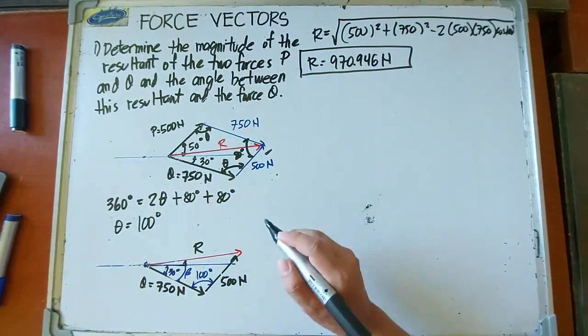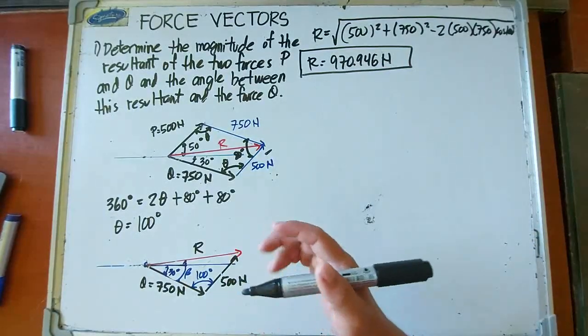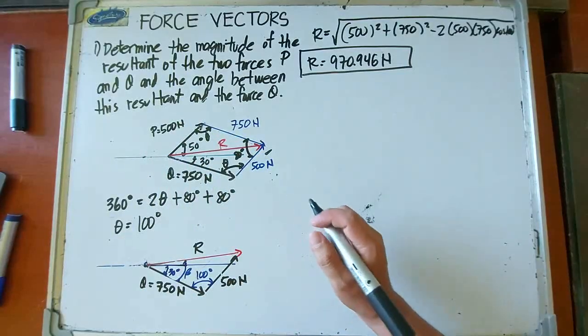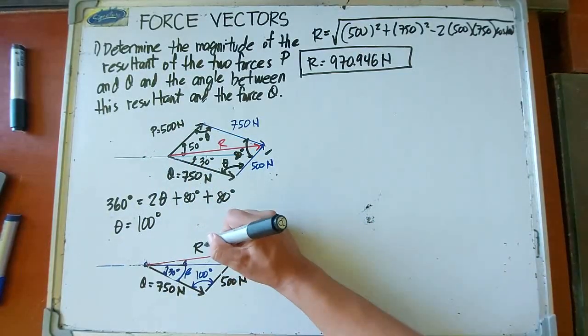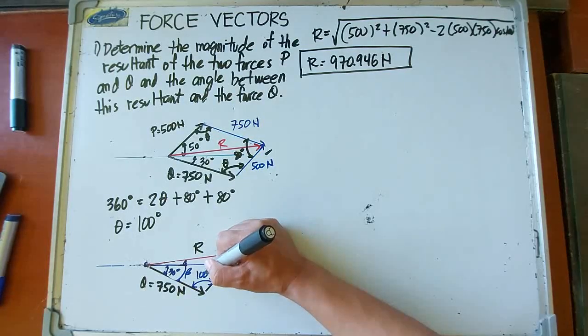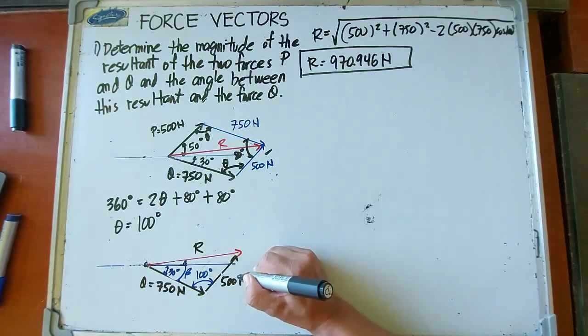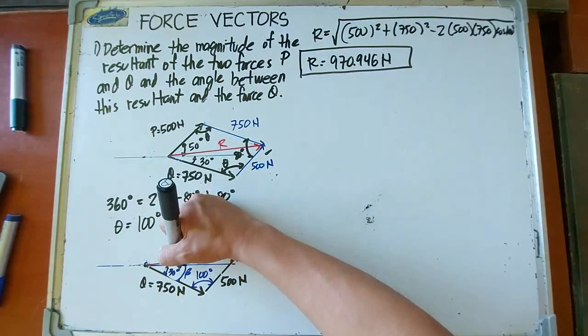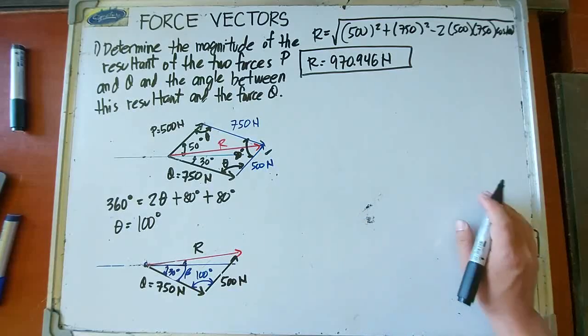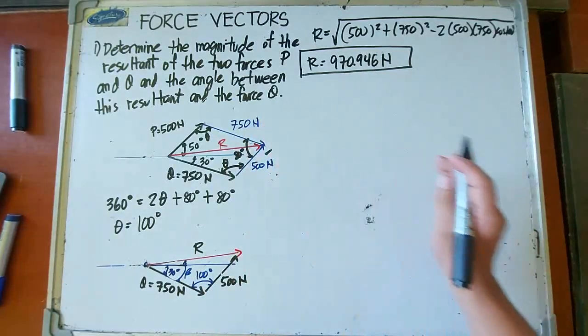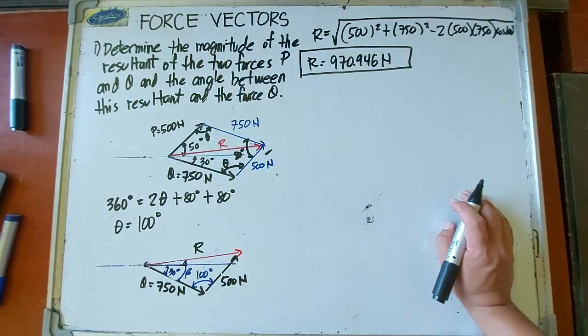So pag sine law, kailangan natin ng mga side and opposite angles, ano. So ito, sinusolve naman na natin yung resultant. Yung opposite angle na is 100 degrees. Ang side ng 500 newtons. The opposite angle is the angle beta, which is the unknown in this problem.